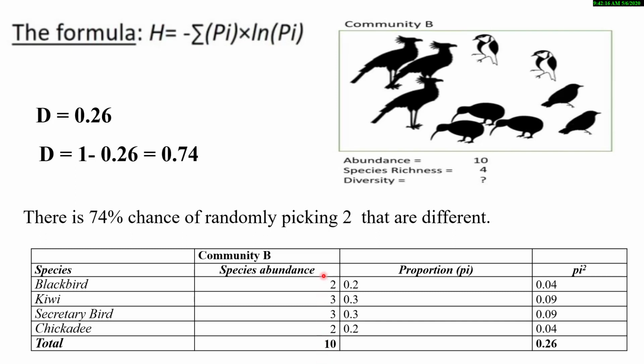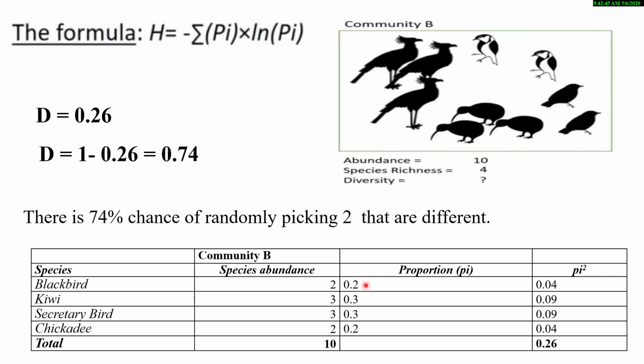Here we have blackbird, we have 2. Kiwi, we have 3. Secretary bird, we have 3. Chickadee, we have 2. The number of individuals in community A is the same as community B. When you add all this, you get 10. That is the total abundance of species within this plot.